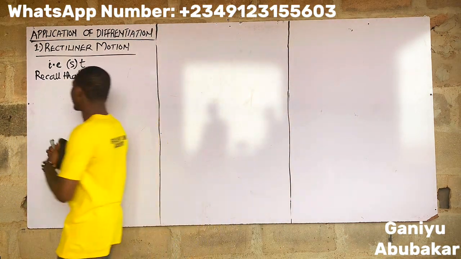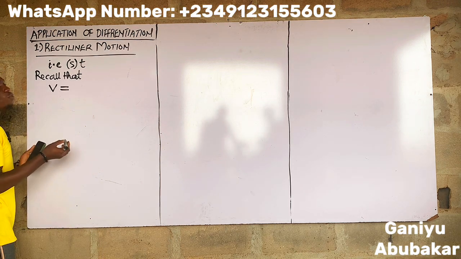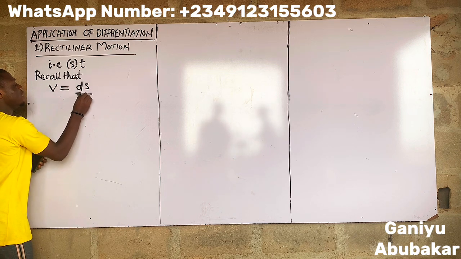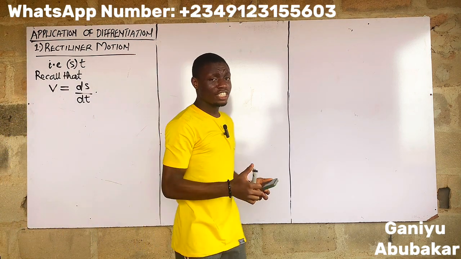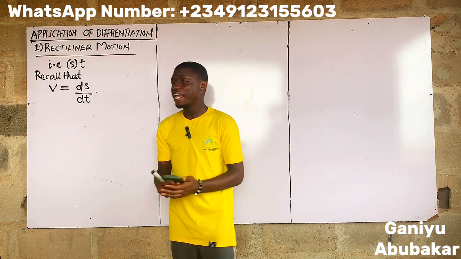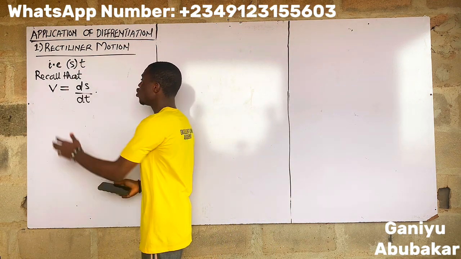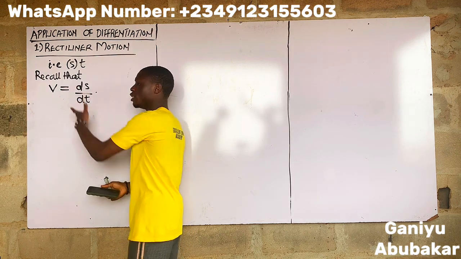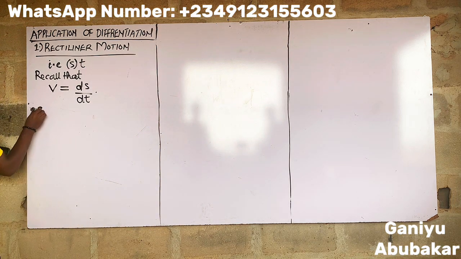Recall that velocity v is the rate of change of what? Displacement, that is ds over dt. Given displacement as a function of time, s of t, velocity v is the rate of change of displacement.